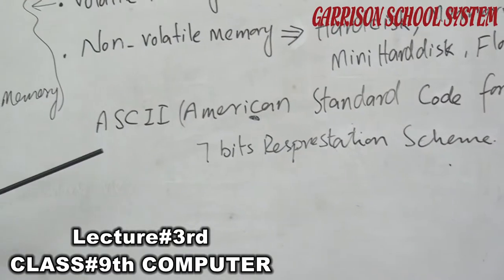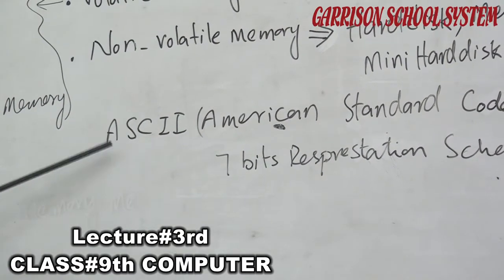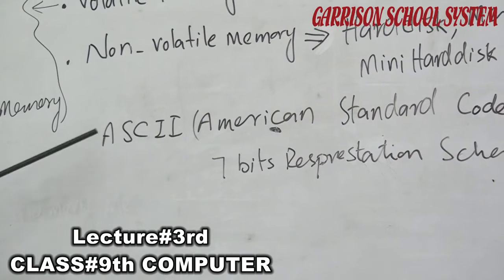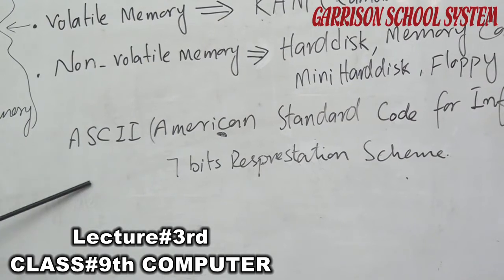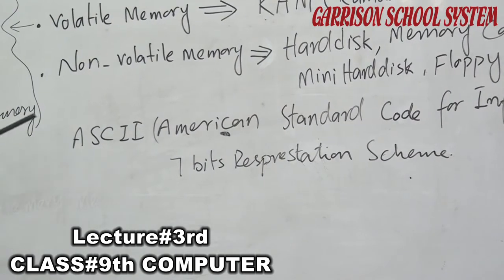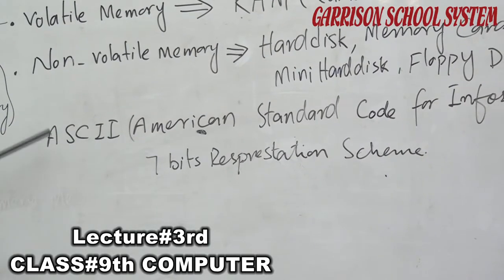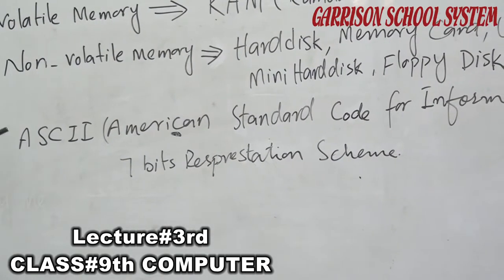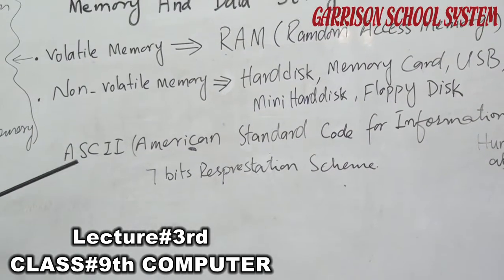According to ASCII, a digital computer stores data in binary form. Binary form, do you know about binary form? Binary form is 0 and 1. It means that whether it is text, picture, movie or some application, it is stored in computer memory in the form of 0 and 1.